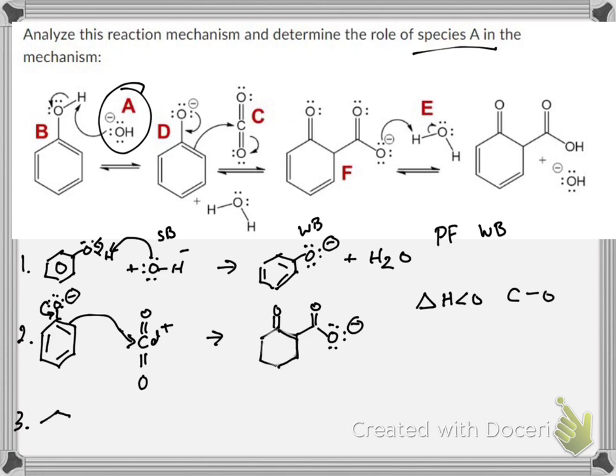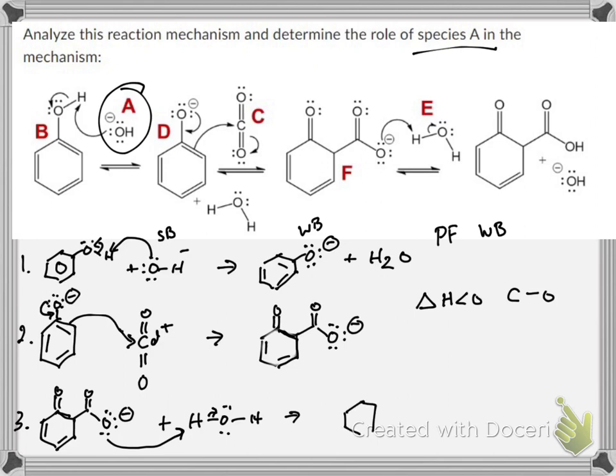The third step is to take our product from step 2 and react it with water, another acid-base reaction, and we form an acid plus OH minus. So this should look like Kb, right?